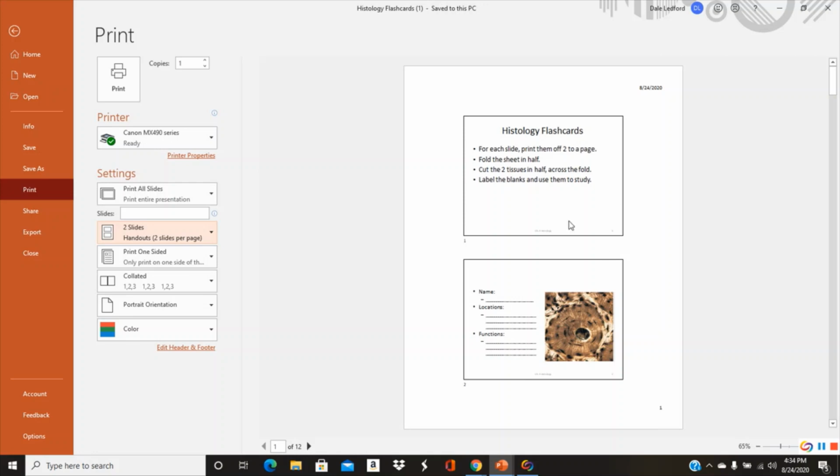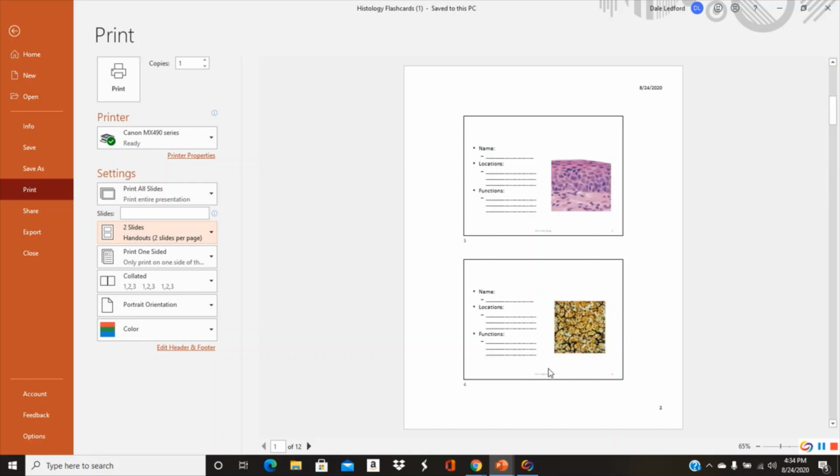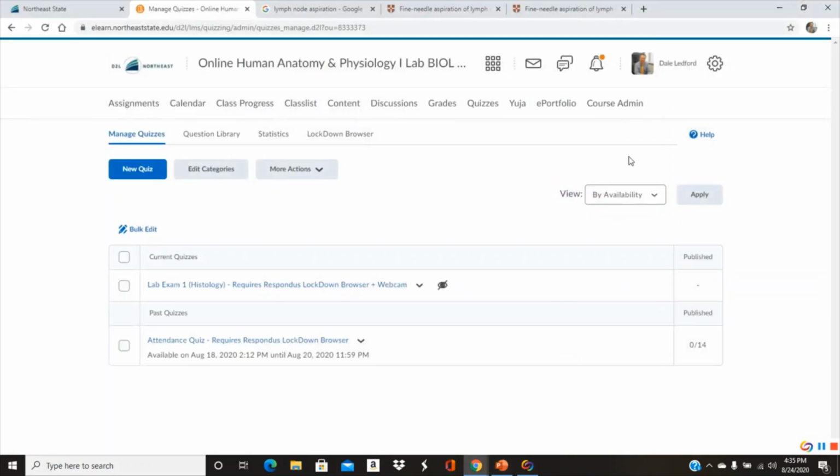So on this page, fold it over like that. Print it 2 to a page, cut these apart, fold these in half. Fold those in half, okay? If that makes sense, you have a picture on one side, and name, locations, functions on the other side. Fill those out and then use them to study with.